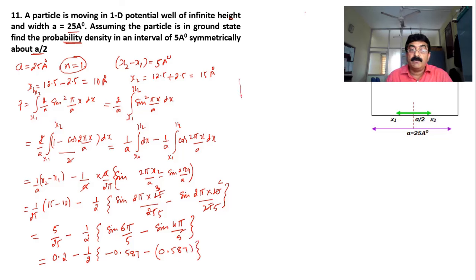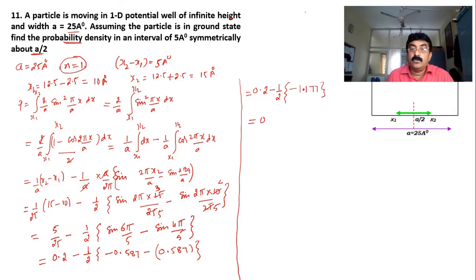So now you simplify the whole thing. It comes out to be 0.2 minus 1 by 2 into, inside it is 1.177 minus minus 1.177.